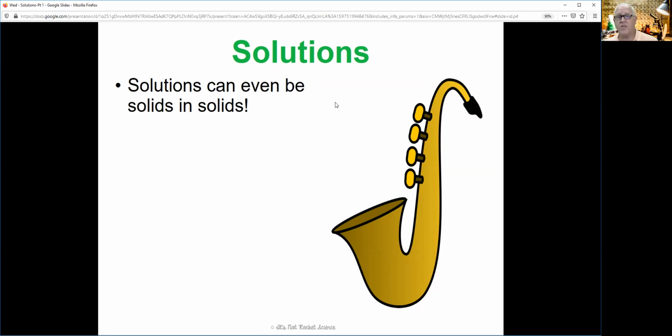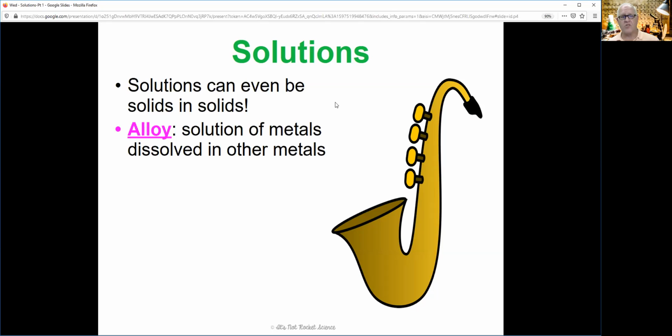Solutions can also be solids in solids. Now, if you remember the other day, we were talking about changes of state and how solids become liquids. Well, I can take 2 solids, add enough thermal energy to them to the point where they melt and become liquids, and then mix those liquids together in a solution.